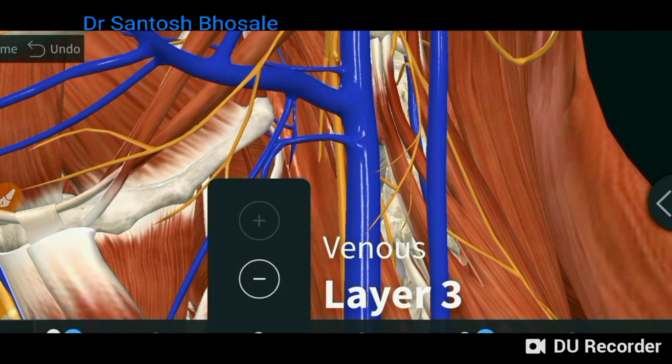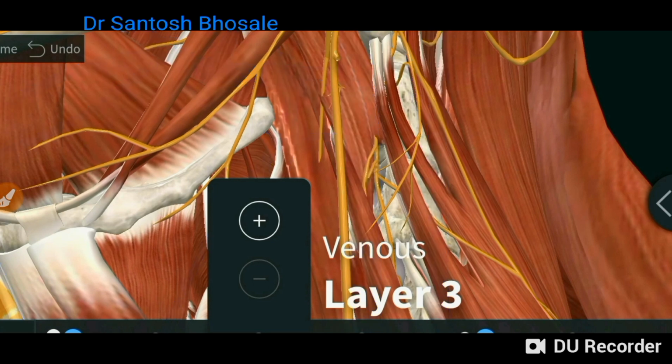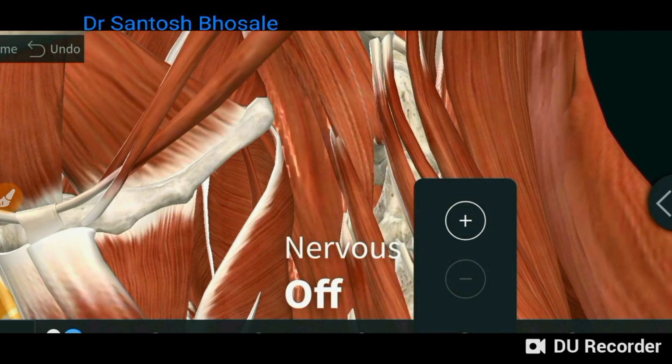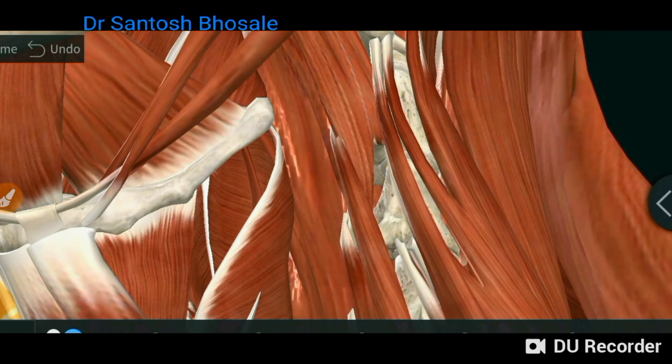Now we are taking out the internal jugular vein. Internal jugular vein is a continuation of the sigmoid sinus, and you can see the vagus nerve here. This is the vagus nerve, and on the deeper plane you will see cervical sympathetic chain. This is vagus nerve, thick and present between the artery and the vein.